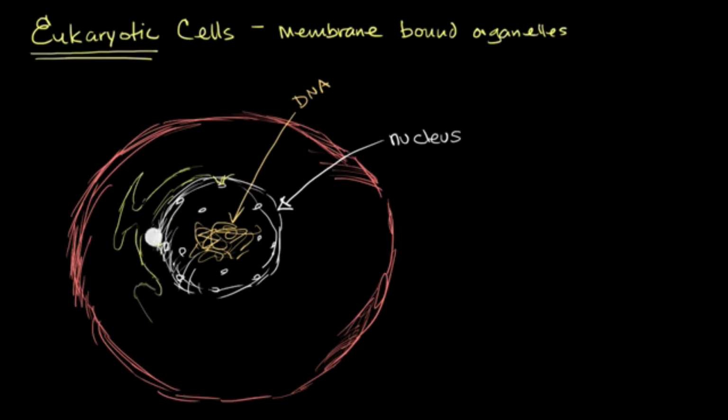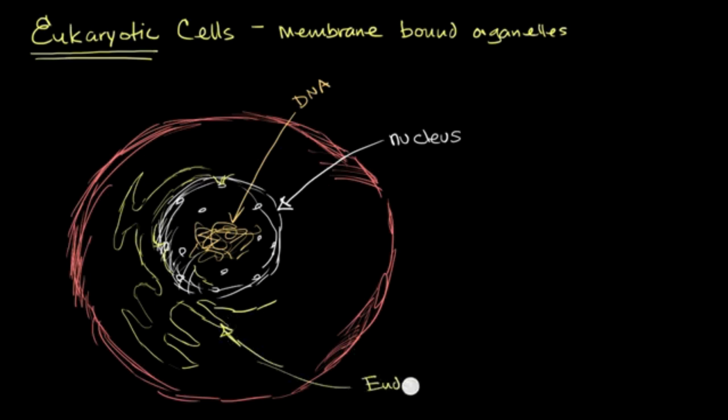Imagine extending from these pores going into a space that has these layered membranes that have a lot of surface area. And I'm not going to go all the way around this nucleus, but in many cells it will go all the way around the nucleus. And this right over here, and this is just a rough diagram, that is our endoplasmic, not splasmic, endoplasmic reticulum, which I've mentioned in previous videos would be an excellent name for a band.